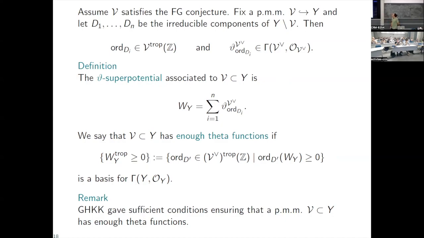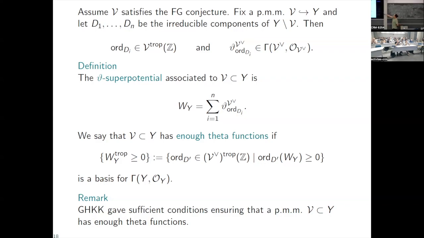Because this is a partial minimal model, Y is birational to V, and these D_i's are divisors there. So I can compute the order of vanishing along these divisors in the function field, and this will define valuations of the function field of my cluster variety. So by definition, they are points of the tropicalization of my variety V.